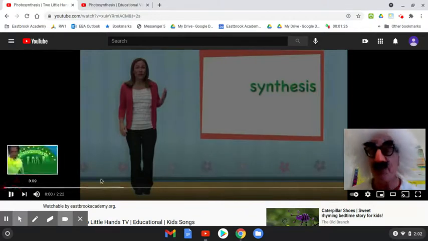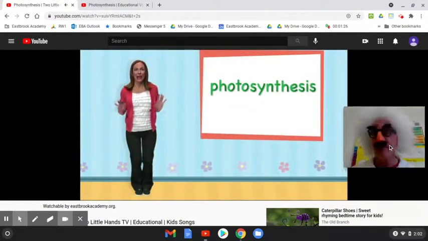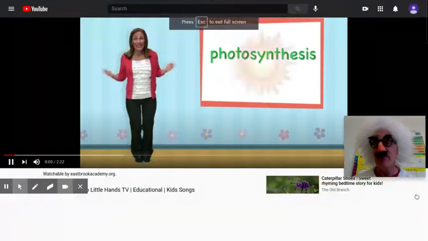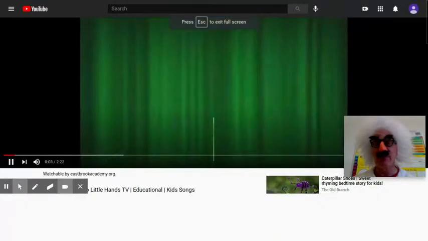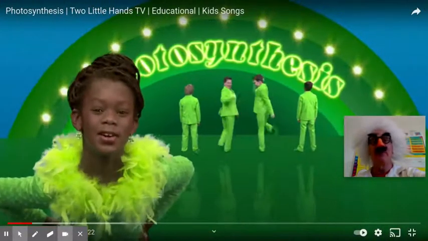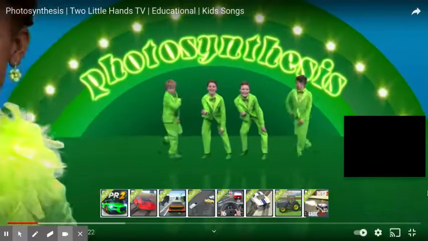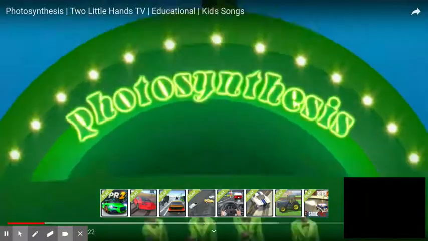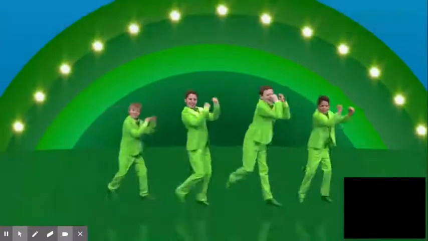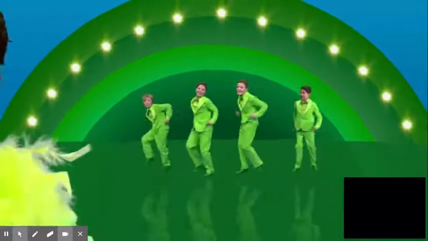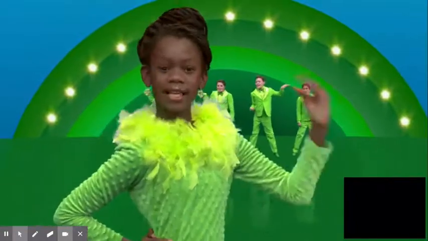Here we go. Photosynthesis is how plants make their own food using sunlight. Photosynthesis. Plants don't have a mouth like you and me. No, no, no. But they have to eat. Yum.